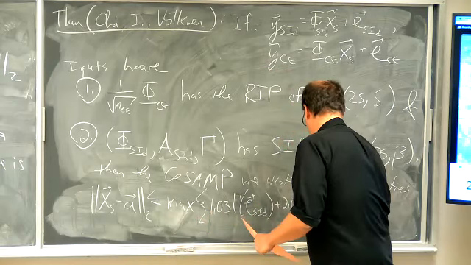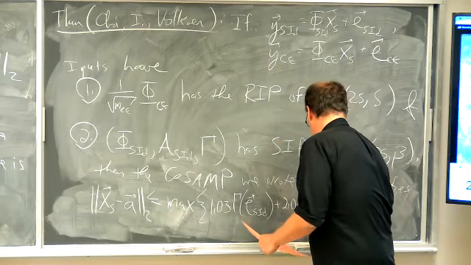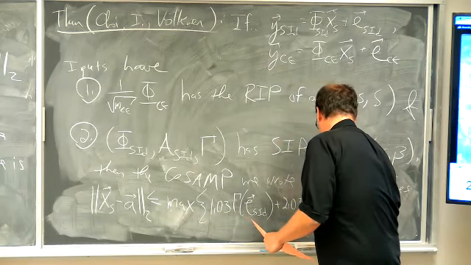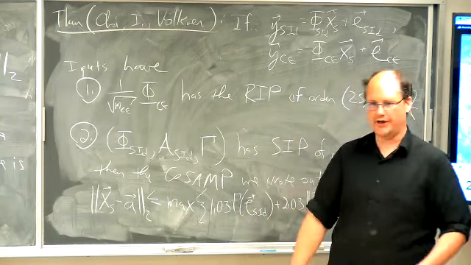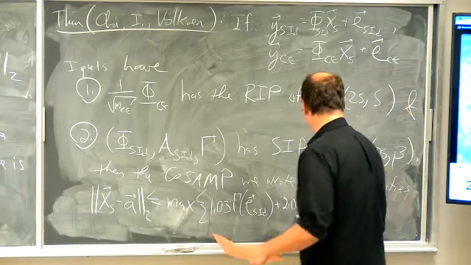It's kind of pointless to write it out, but I'll do it anyways. Coefficient estimation error divided by the square root of MCE. So this is one possible error bound that you have.